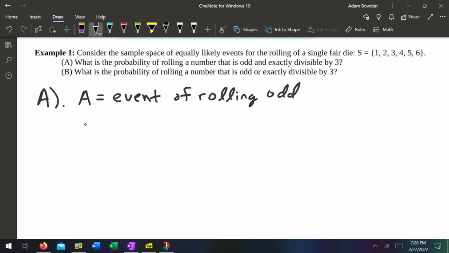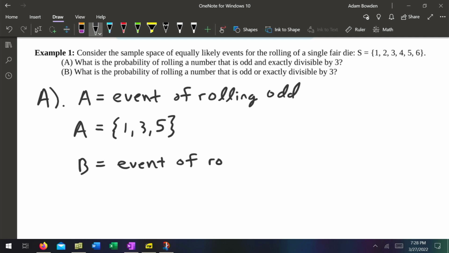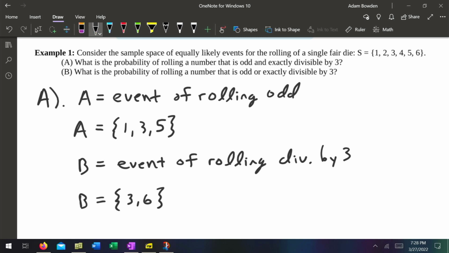And so the numbers that fall in event A would be 1, 3, and 5. Those are the possible outcomes for event A. If we let event B stand for the event of rolling a number divisible by 3, then there are 2 numbers in that event, either a 3 or a 6.